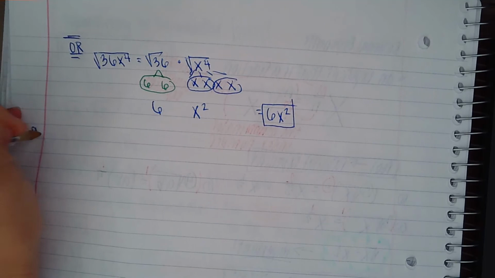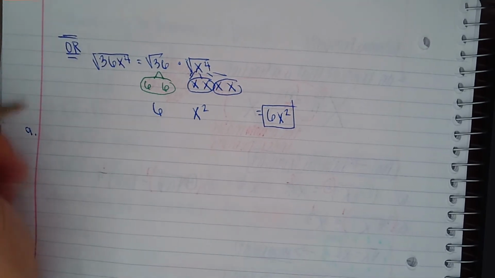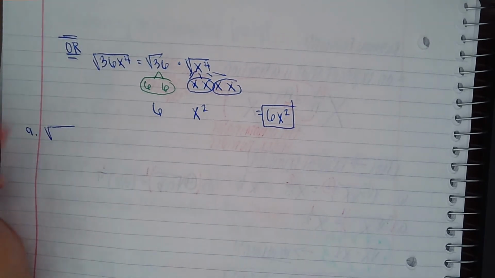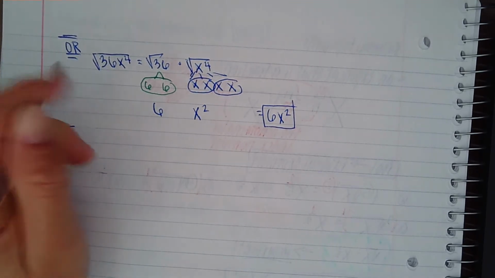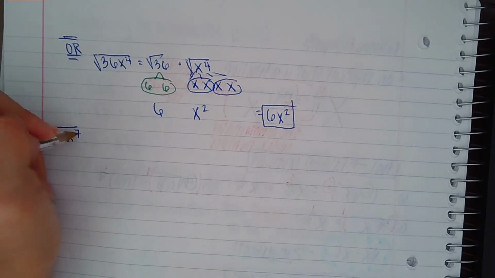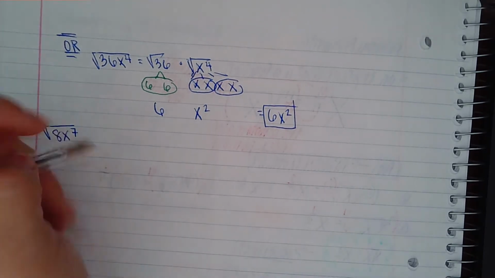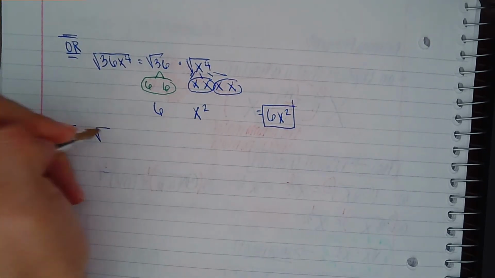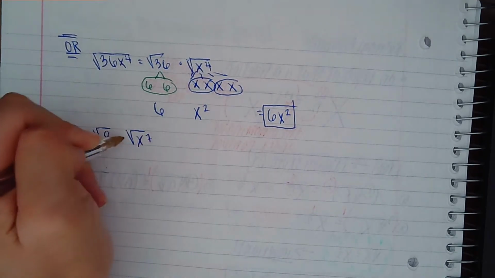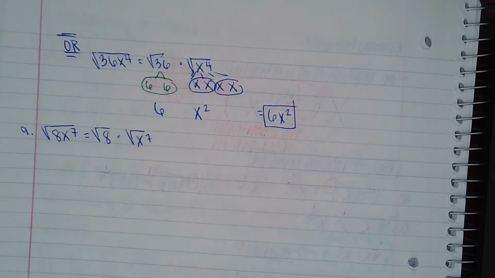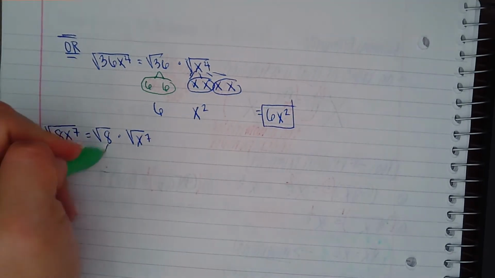Let's do number 9. Let's say we have the square root, because there's no number there, of 8x to the 7th. So again, I'm going to write that in separate things, broken apart, the square root of 8 and the square root of x to the 7th. Okay, well, I'm going to break apart 8.